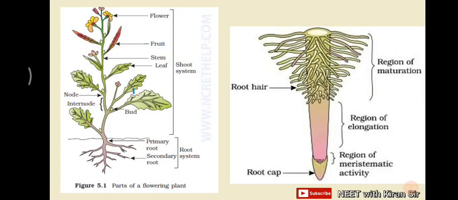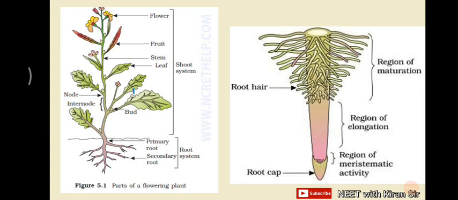Look at the different parts of the plant body. We generally divide it into two types: one is the vegetative part, the second is the reproductive part. The vegetative parts do not involve sexual reproduction, and they include root, stem and leaf.